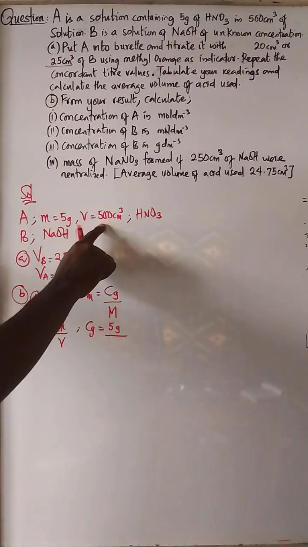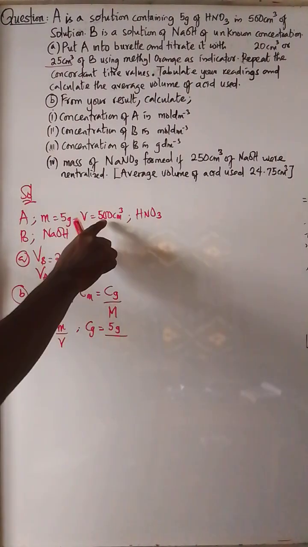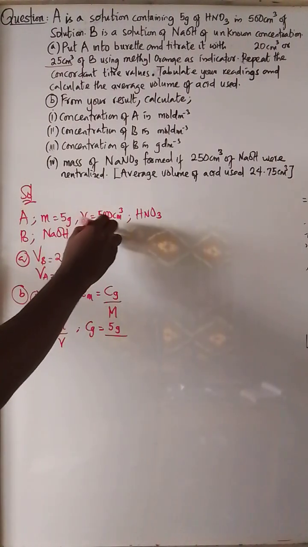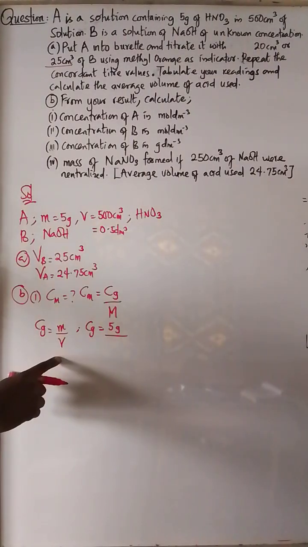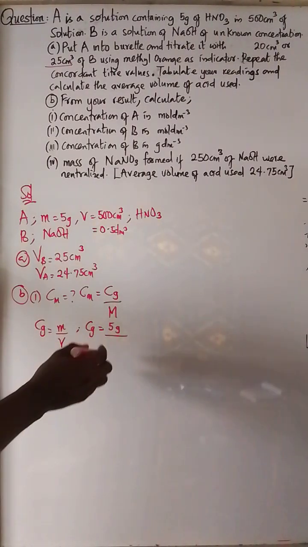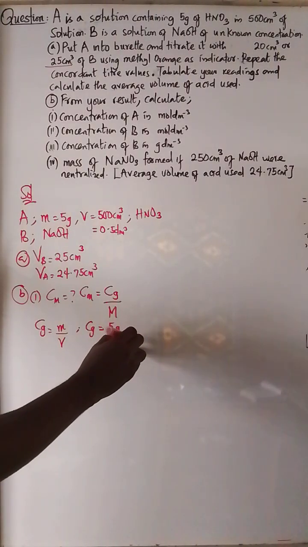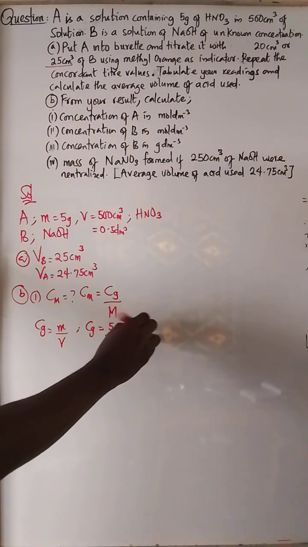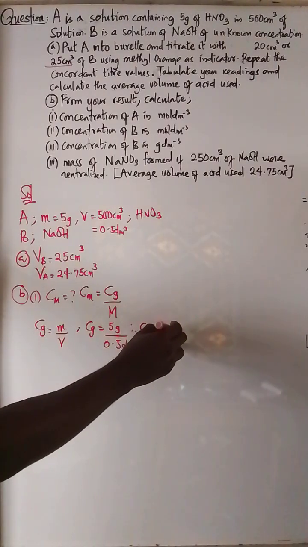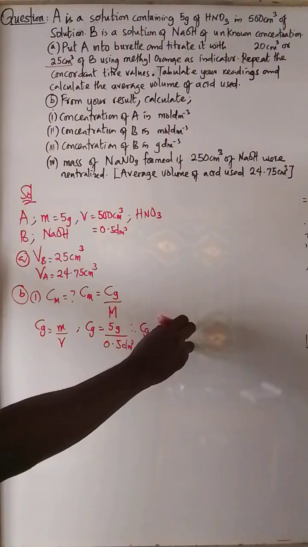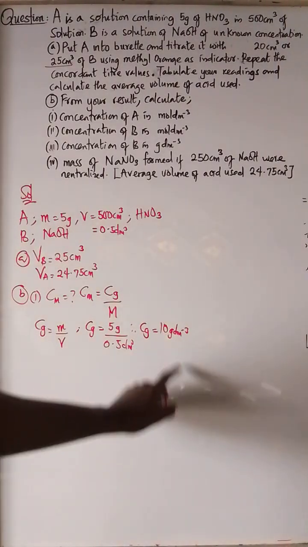The volume is 500 cm3, but the volume must be in dm3, so we divide 500 by 1000 to give 0.5 dm3. So the mass concentration is 5 over 0.5, which gives us 10 gram per dm3. This is what is called mass concentration, or concentration in gram per dm3.